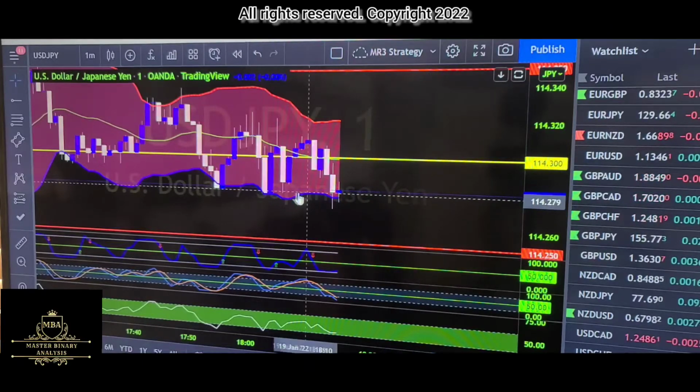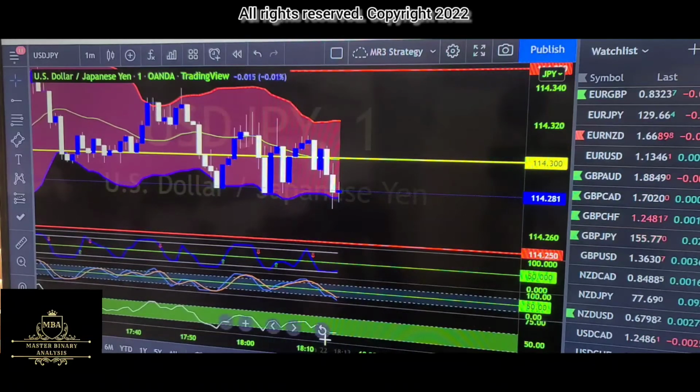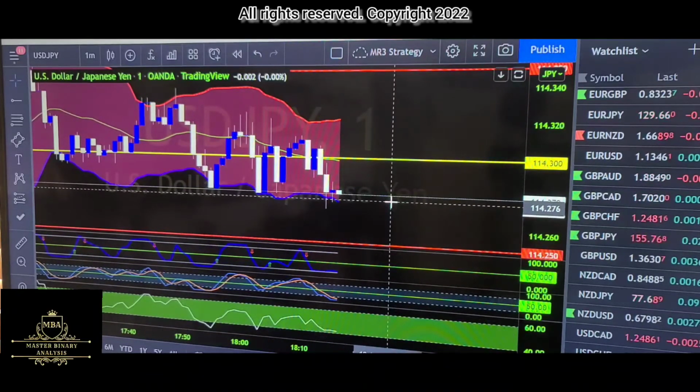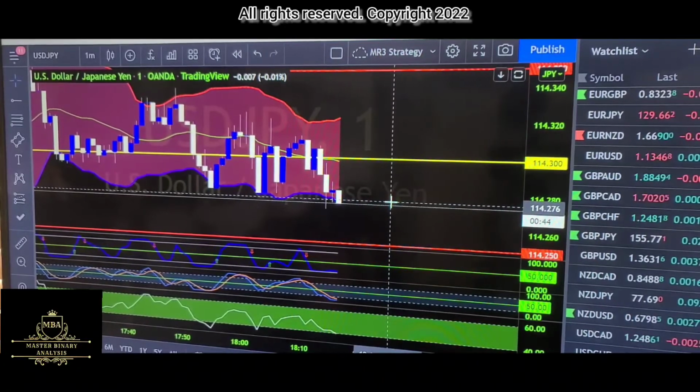So a couple of things that I do is I add on a few indicators, and I'll be more than glad to show everyone what these indicators are, what my settings are, and what these indicators do is help me identify a certain point where price is going to reverse.